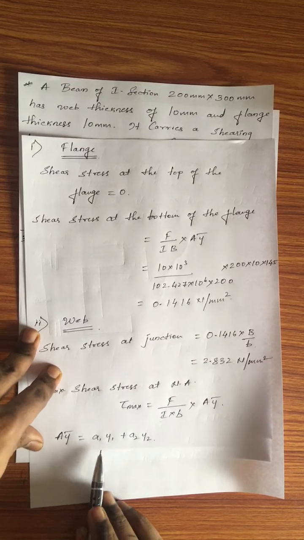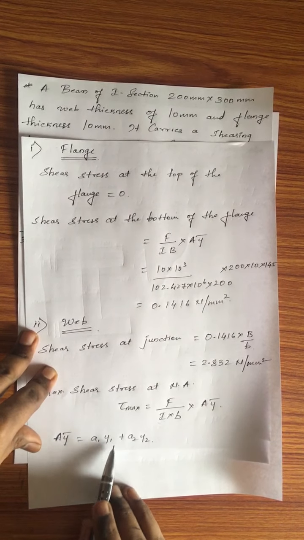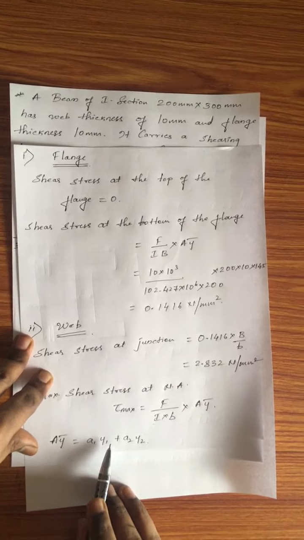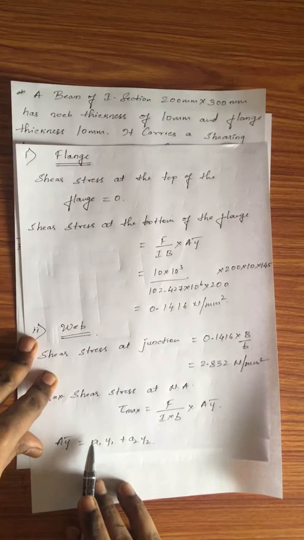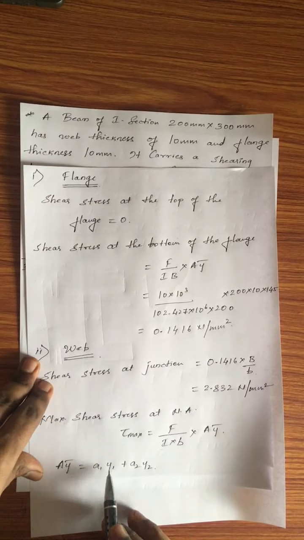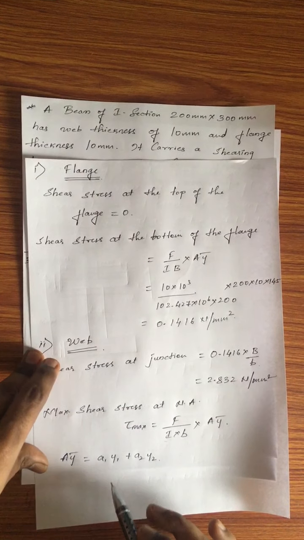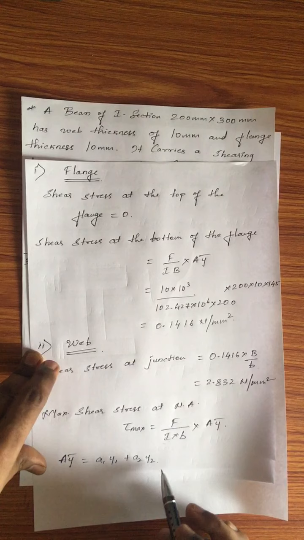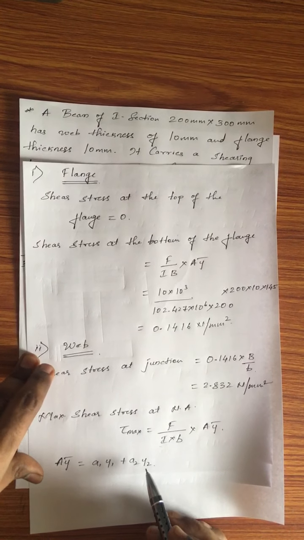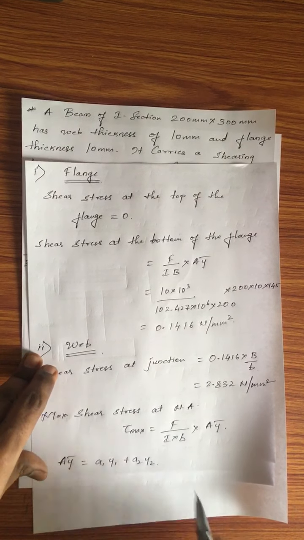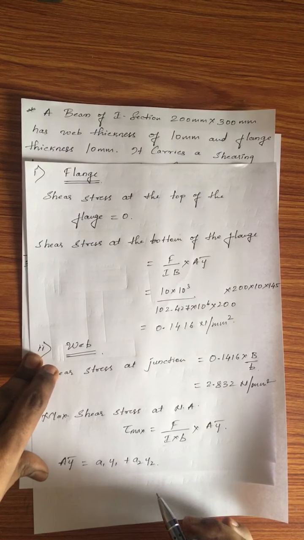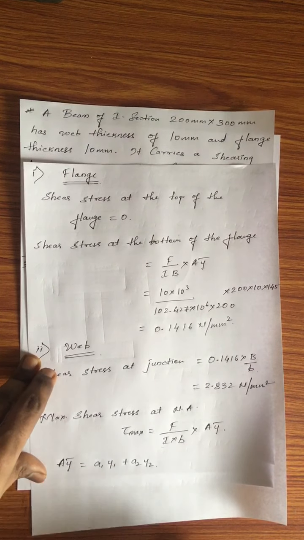As I said earlier, a1 y1 is moment of area of flange above neutral axis, and a2 y2 is area moment of web above neutral axis, about neutral axis, okay.